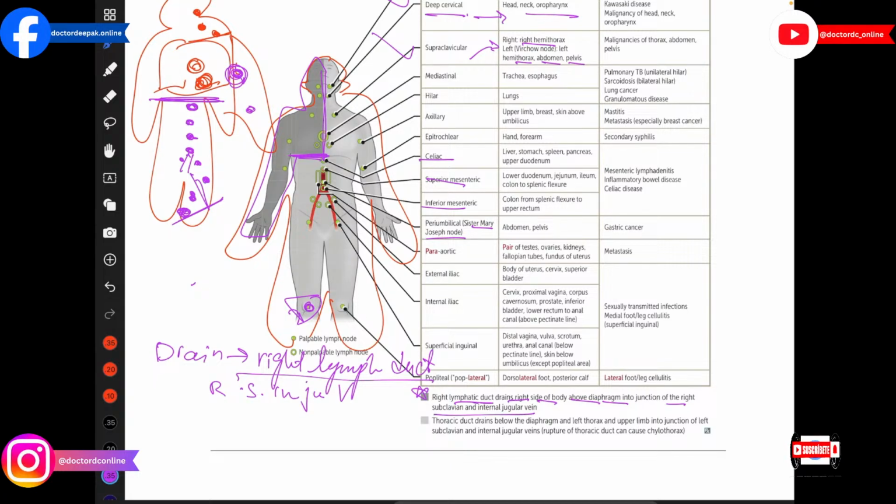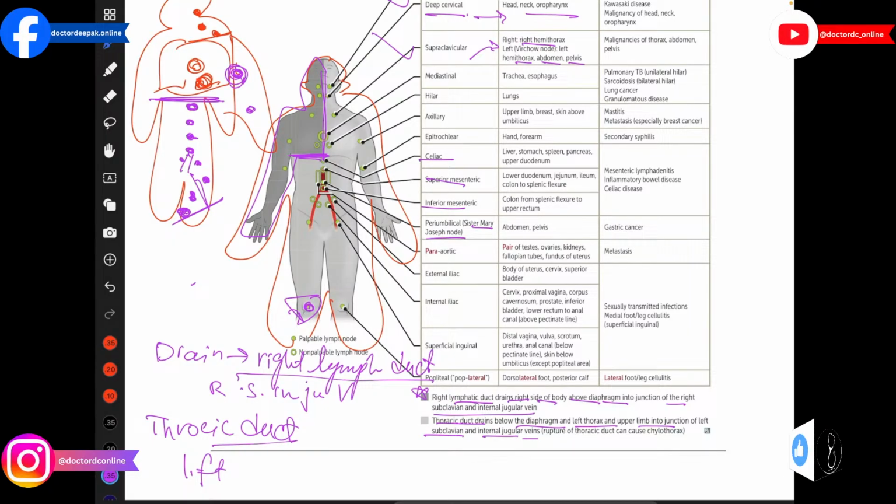But all the other lymph nodes drain into the thoracic duct, that is, below the diaphragm, the left thorax, and the upper limb, and it goes into the junction of the left subclavian and jugular veins.